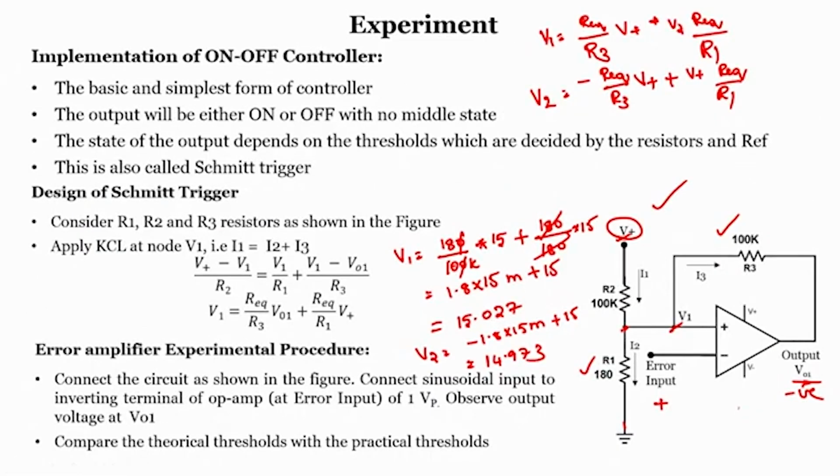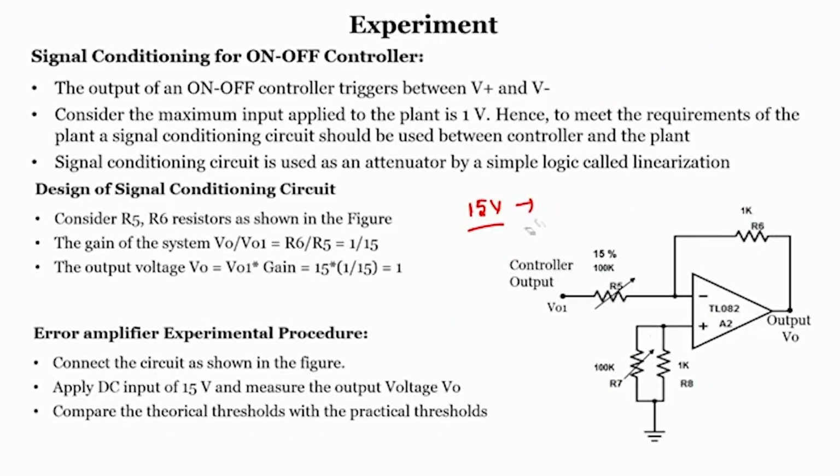The output of the controller is plus 15 or minus 15. So, how do we do that? In order to do that, we are using a signal conditioning unit here. If you remember, how do we set a gain for an inverting or non-inverting amplifier?